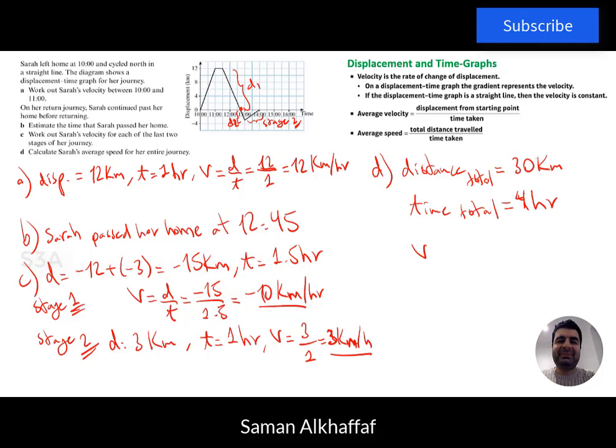So in this scenario, speed will be distance over time, so that will be 30 over 4, which gives us 7.5 kilometers per hour, and this will be our answer for this question.